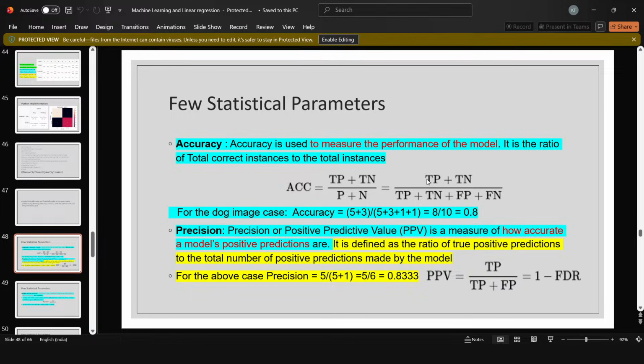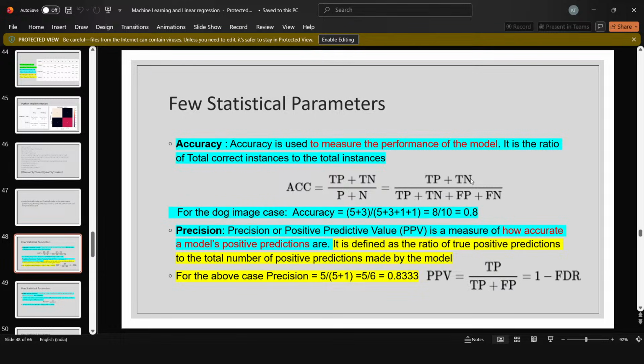In accuracy, the numerator consists of the truly predicted values, true positive and true negative. True positive is when it is actually positive and you also predict it to be positive.